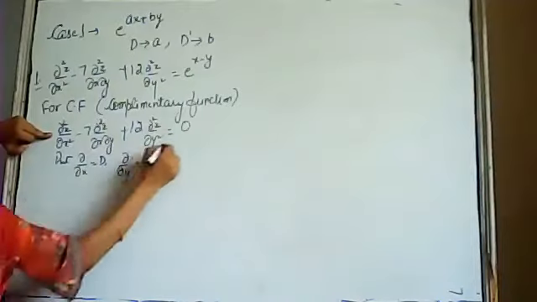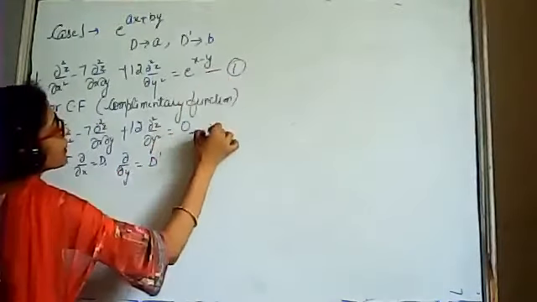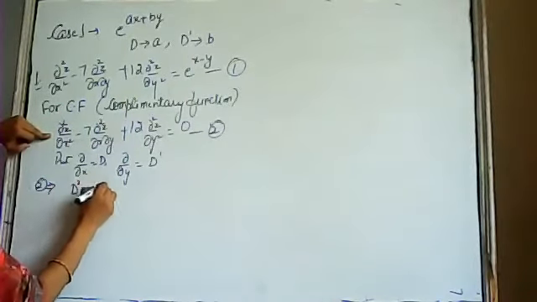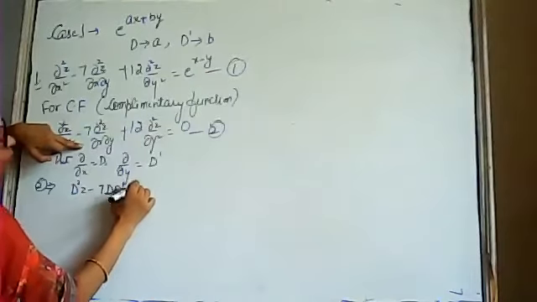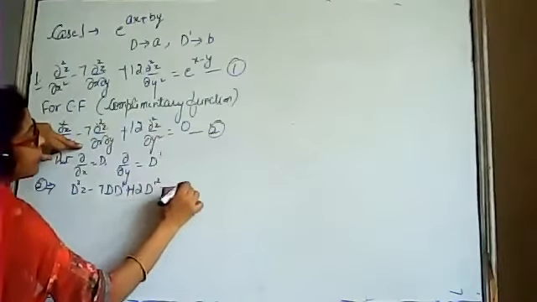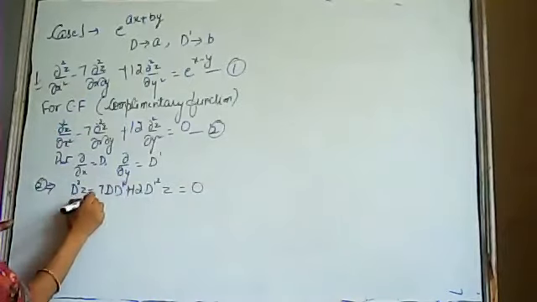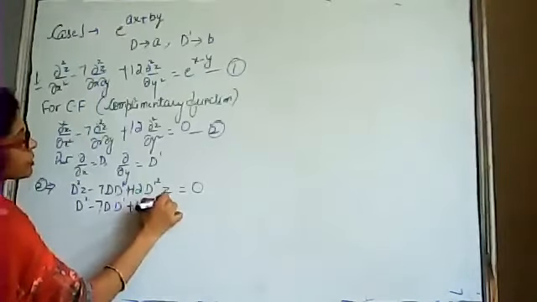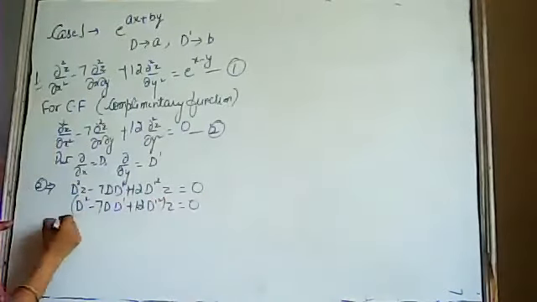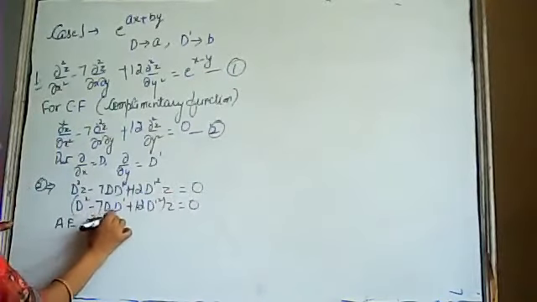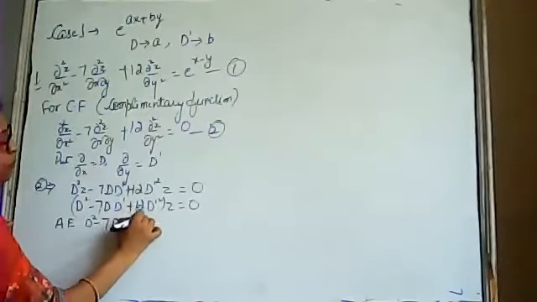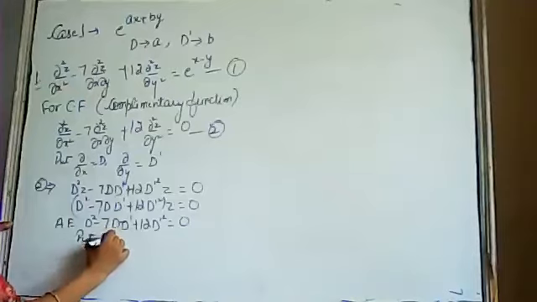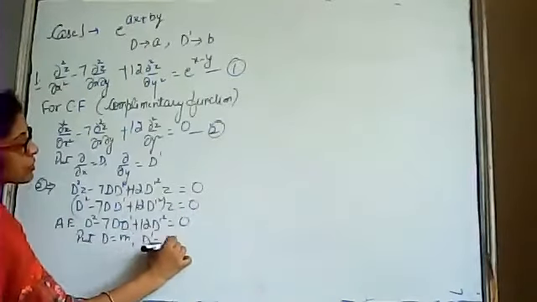This equation will become, let it be equation number 2, (D² - 7DD' + 12D'²)z = 0. So the auxiliary equation will be D² - 7DD' + 12D'² = 0. In this equation, put D = m and D' = 1.